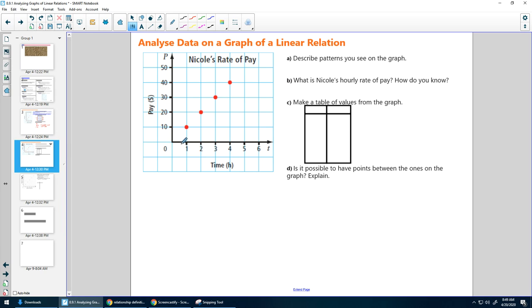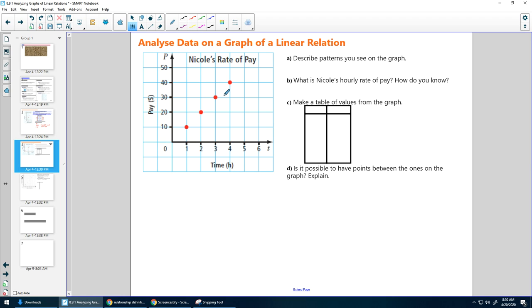The pay for 1 hour is $10, 2 hours $20, 3 hours $30, 4 hours $40, and so on. The points appear in a straight line. So the graph shows a linear relation. And the graph shows that to move from one point to the next, you go 1 unit horizontally and 1 unit vertically.